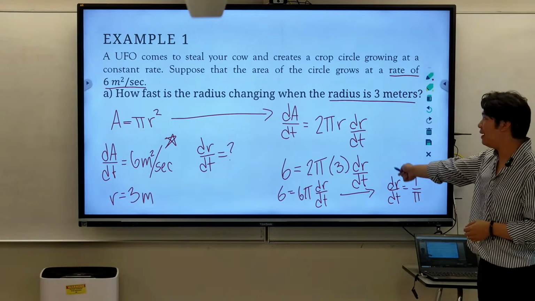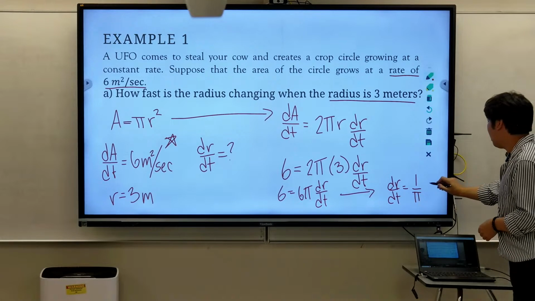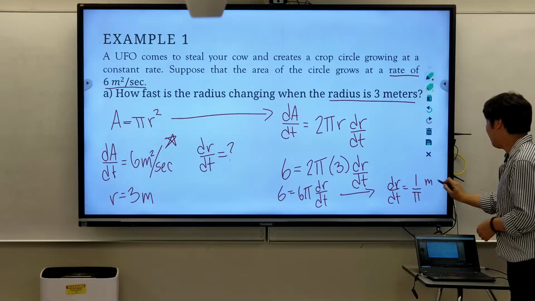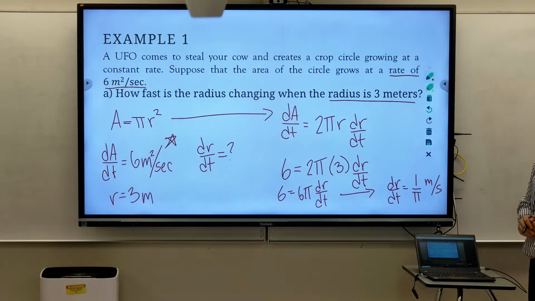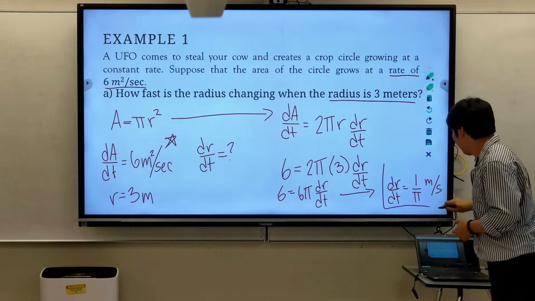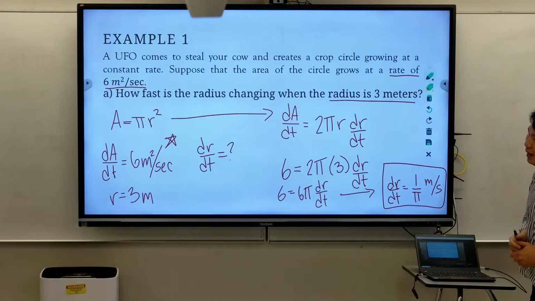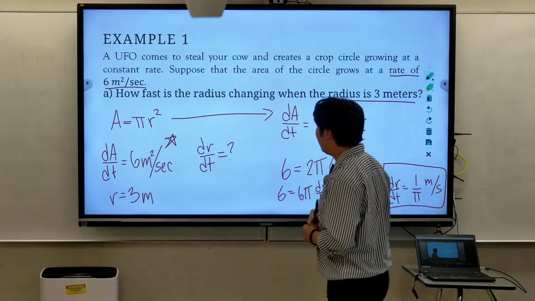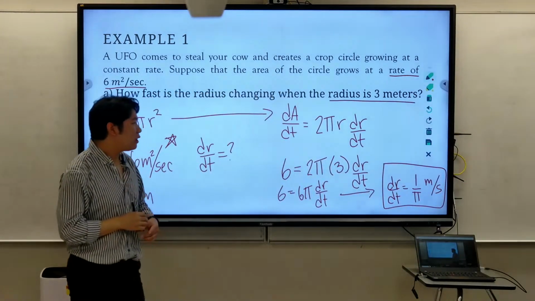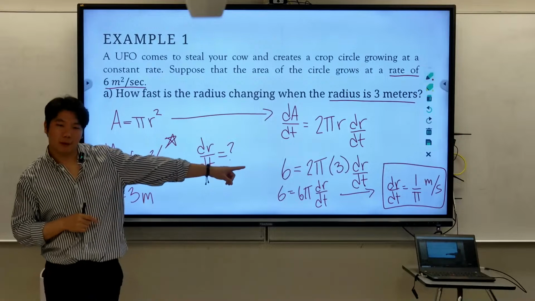What do we measure the radius in? What do I measure time in? So I have meters per second, because that's what dr dt is. How is the radius changing over how the time is changing, if I want to think of it that way. So in other words, I have this crop circle that's growing. And the moment the radius of that circle hits 3 meters, I know that the radius was growing at a rate of 1 over pi meters per second.